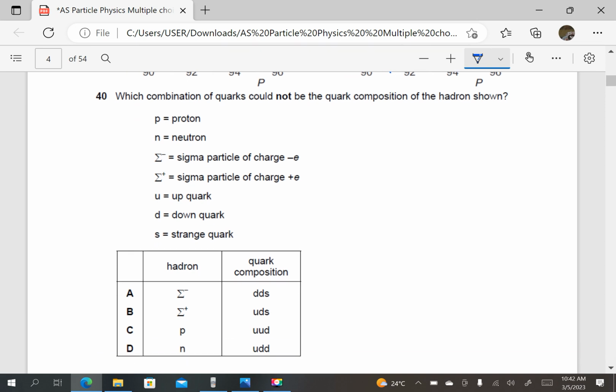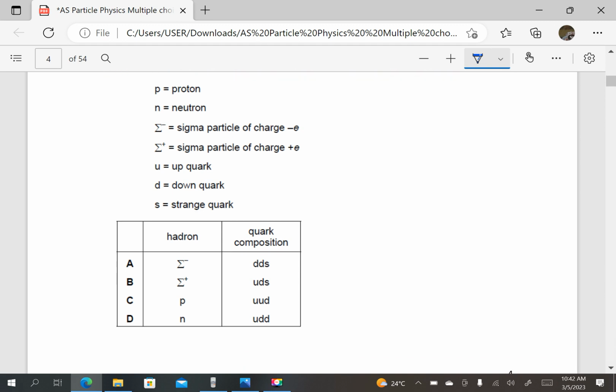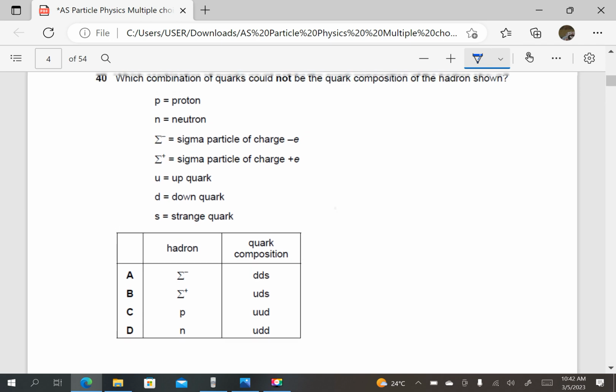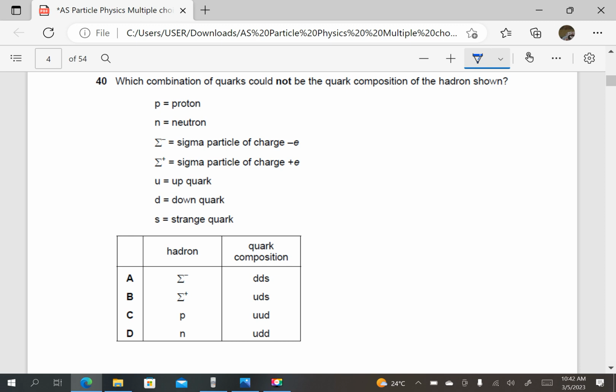Let's check. P is proton, N is neutron, sigma particle of charge negative e, then sigma particle of charge positive e. Then we have U standing for up, D standing for down, and S standing for strange. So let's check the charges.